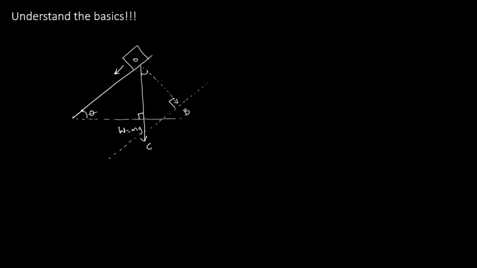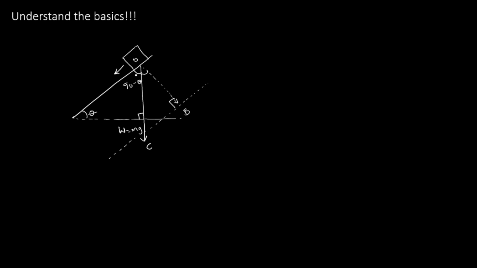So if this is 90 here, it implies that the sum of this angle and this angle must also be 90. And as such, if this is theta, then this should be 90 minus theta. Because the sum of this and this must give us 90 degrees.